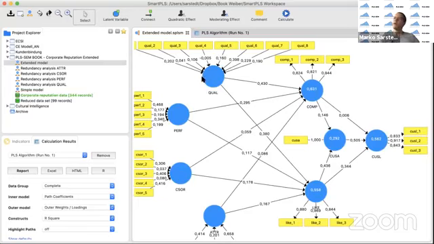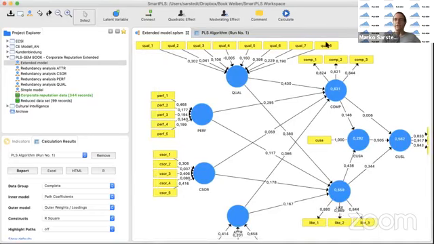The question could now be, okay, how do I increase my customers' perceived quality? I mean, you can have objective quality, that's right, but typically it's about perceptions. So the best quality doesn't help you if customers don't perceive it as such. In this case, you could look at the indicator level here. See these indicators, quality 1, 2, 3, 4, 5, 6, 7, and 8.